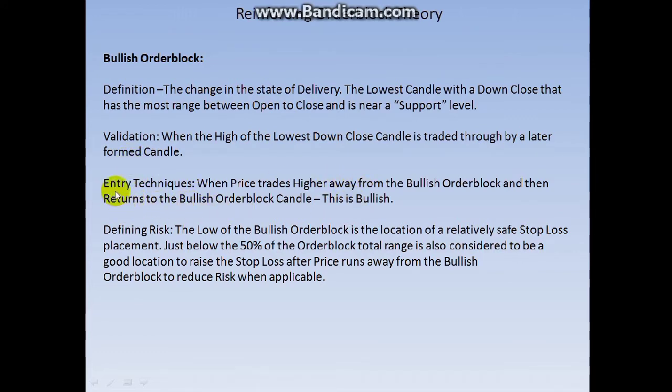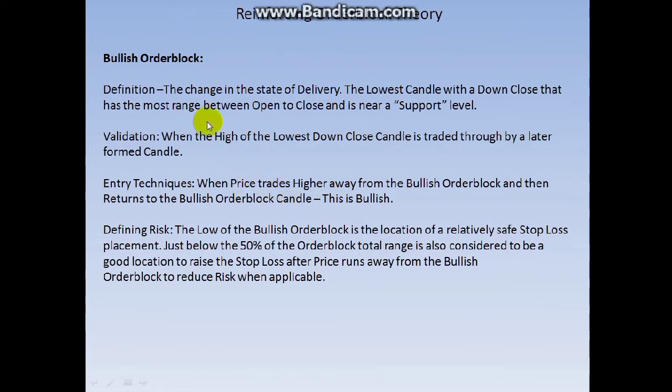Now the entry techniques on trading off an order block. When price trades higher away from the bullish order block and then returns to the bullish order block candle, this is our bullish setup. We are going to be looking at two entry techniques used in trading the bullish order block. Remember everything is just vice versa for the bearish order block.